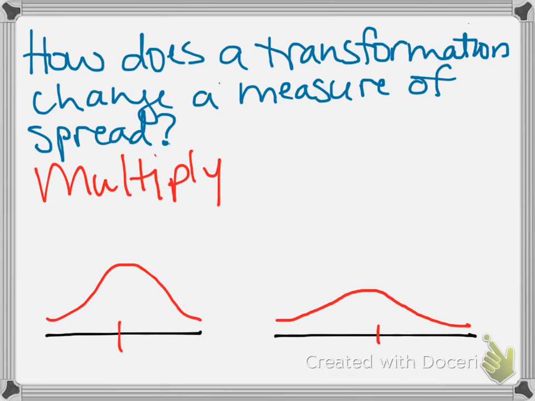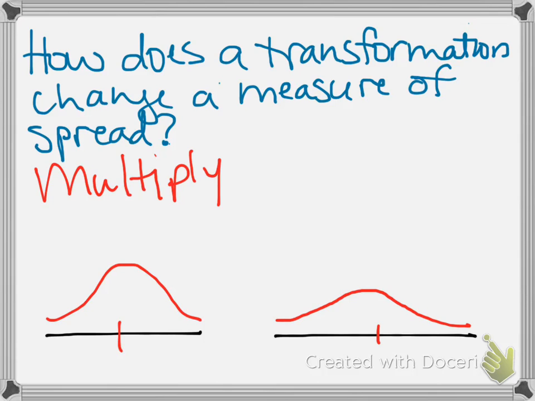You can probably tell that by that flattening out, our range is going to be changed significantly. And you can also see that now the data points are farther away from that mean value, so our standard deviation is also going to be affected as well.